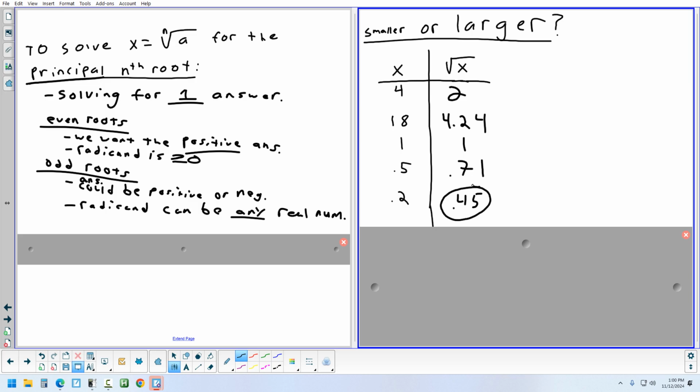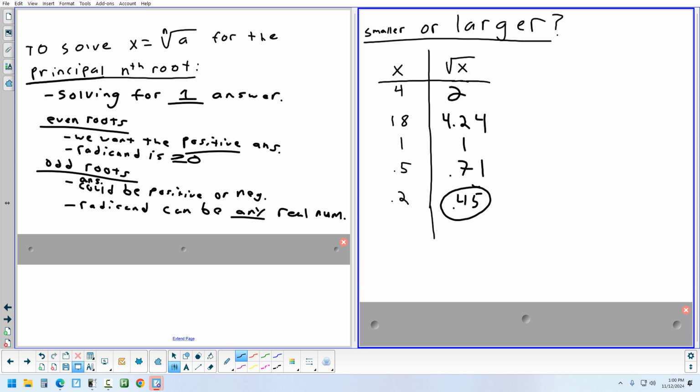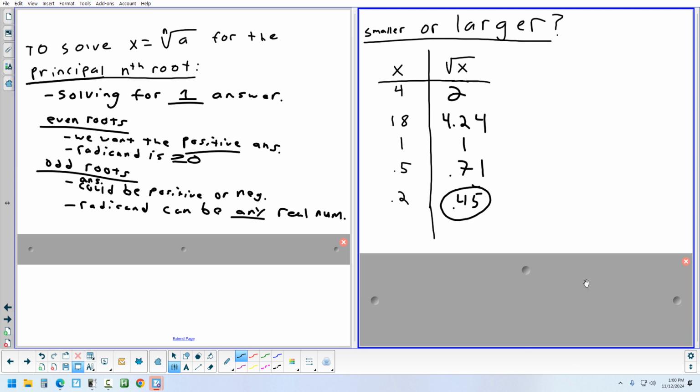Because if you took a number smaller than 0.2 and multiplied it by a number smaller than 0.2, you'd never get 0.2. The only way you can multiply two decimals together and get 0.2 is if the two decimals were larger than 0.2. It's just a weird thing that happens with square roots.